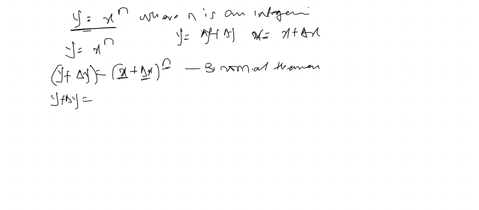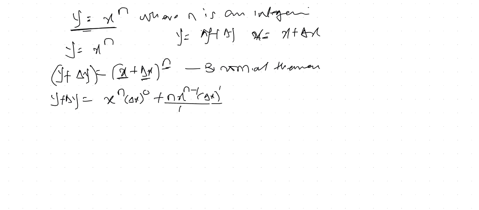So we start with x raised to the power of n, then change in x raised to the power of 0, because that gives 1. Then plus n multiplied by the coefficient of x, which is 1, so it's nx, and you subtract 1 from the power, so it's n minus 1, then change in x raised to the power of 1 over 1 factorial.